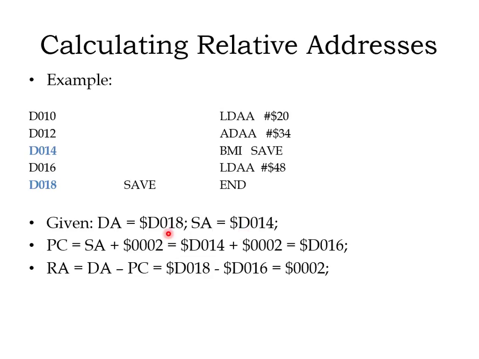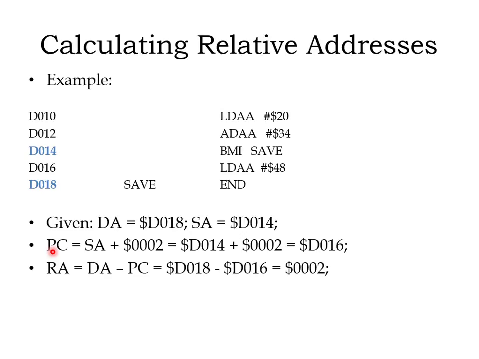And then I calculated the PC. Now this is the formula to calculate the PC. This is a very simple formula. All you have to do is PC equals source address plus 0002. It will always be like that. It's just a formula. PC means again what? The program counter. Remember, it's actually the content of the program counter register.